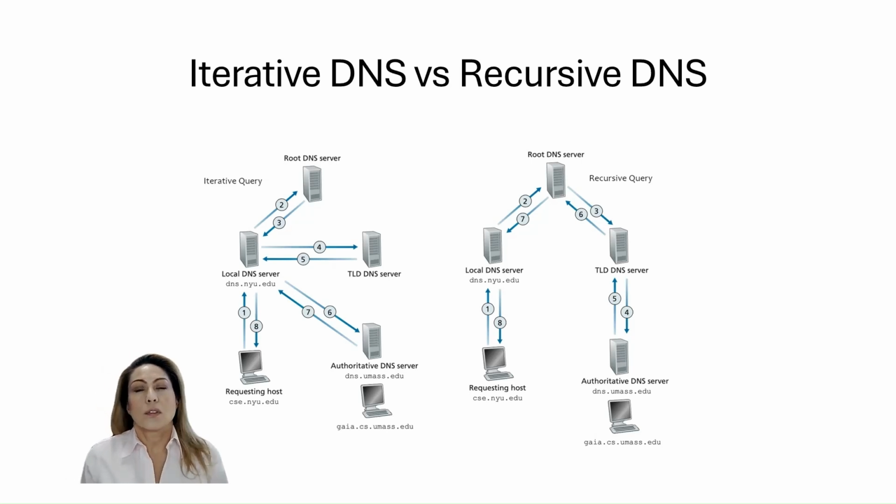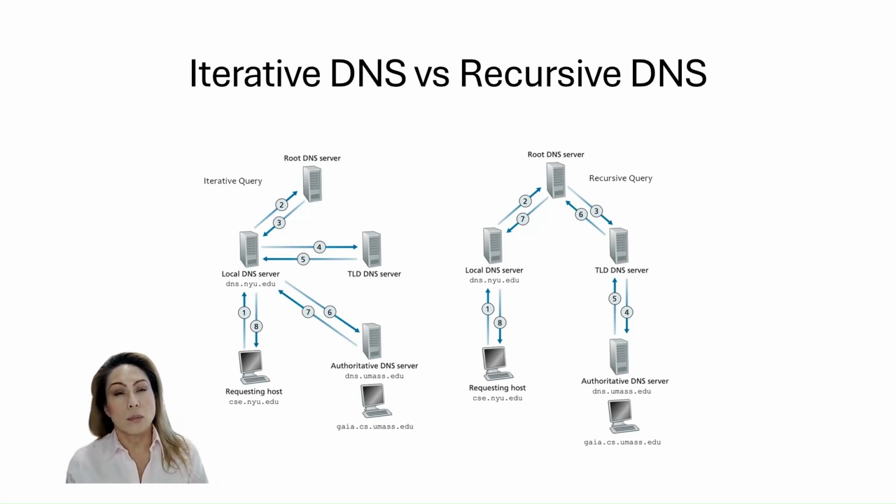So each DNS server provides the information to continue the resolution process until the address for the domain is found. So it does it more automatically and quickly. Once the resolver obtains the IP address, it caches the information for future use, for when you return to try to find that domain again.